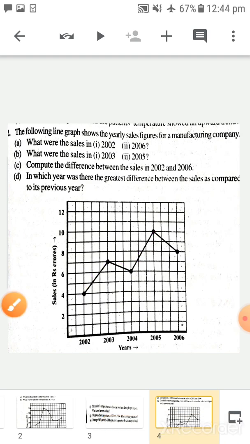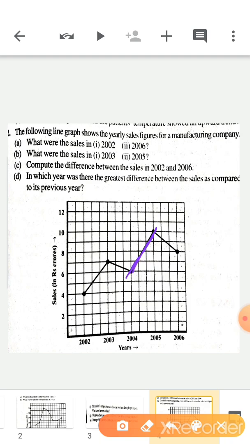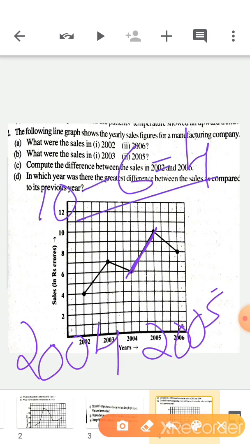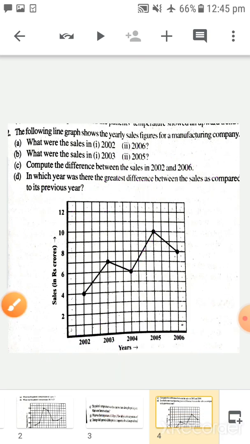It means the difference will be more in this particular portion, because we are able to see on the graph the line is very big. So 10 minus 6 gives you 4. So 4 crore difference is there between 2004 and 2005. So we have to observe the graph very carefully. After that we need to give the answer.